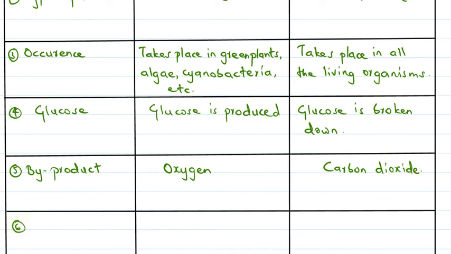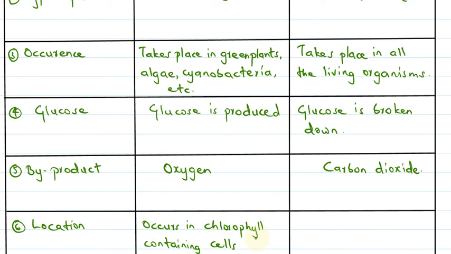Then the sixth parameter is location. The location of photosynthesis is that it occurs in chlorophyll containing cells.